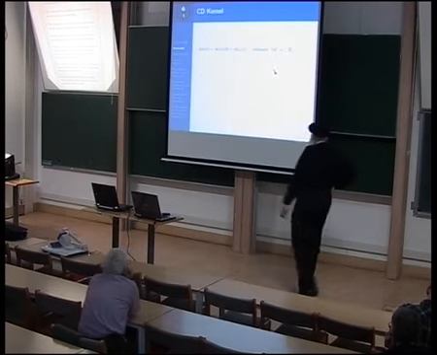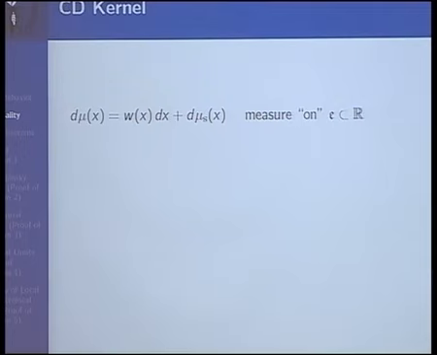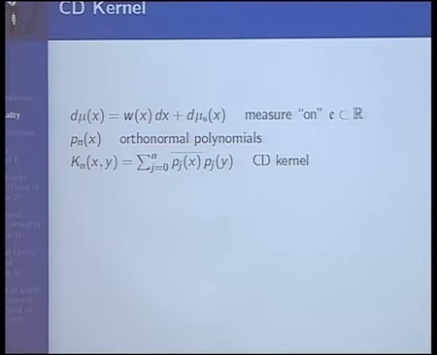So, just for notation, I'm going to have a measure whose essential support is some compact set E. The weight is W, and there's a singular part in general. The pn will be the orthogonal polynomials. The little pn means they're normalized. So they're the normalized eigenvalues in the boxes with the right boundary conditions.